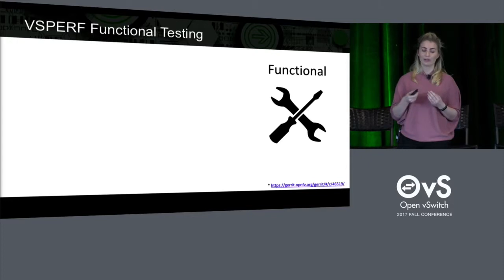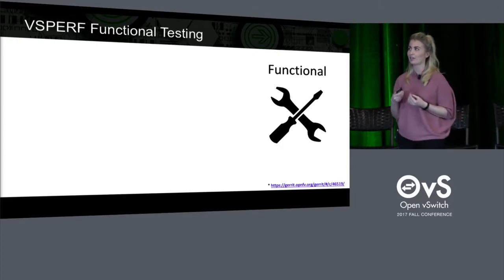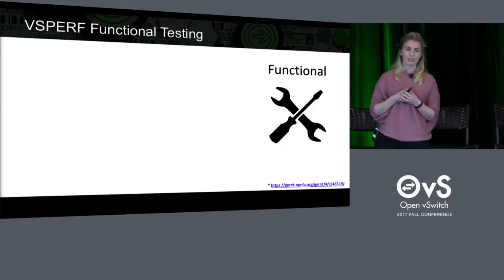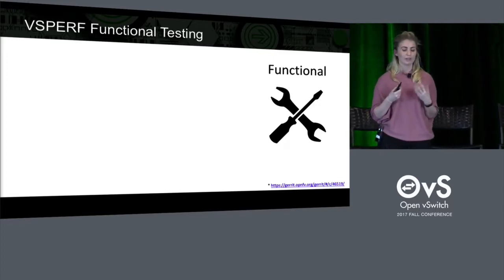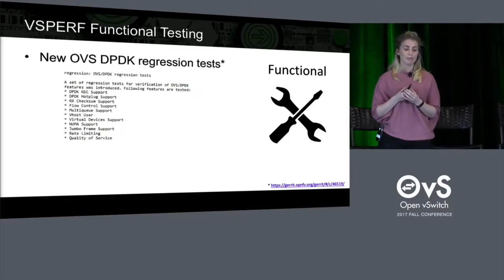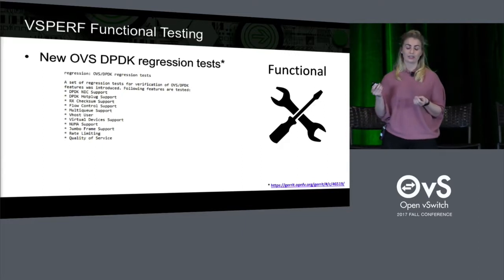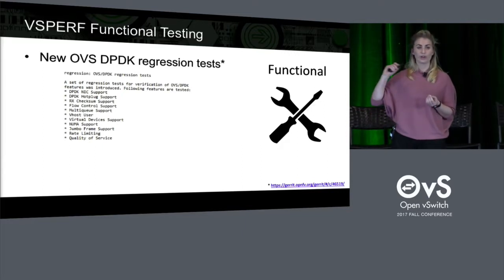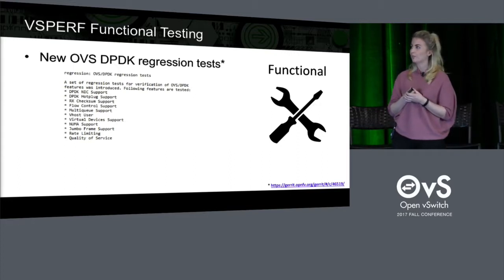But VSPERF right now has a lot more to offer than just performance testing. Something that has been added recently, which I find quite useful in my life as a developer, is the functional tests. A patch was submitted recently that performs some regression tests on the OVS DPDK software.